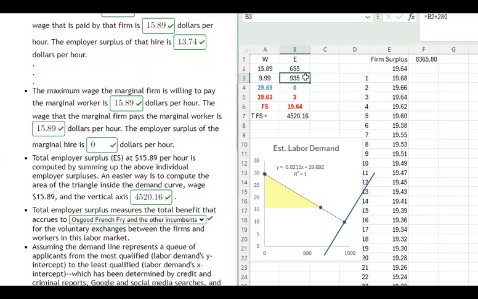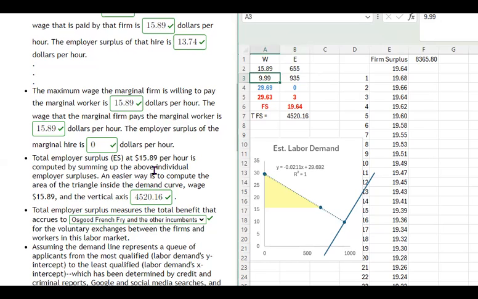And that 935th person's surplus to the firm is zero because they're judged to be the 935th most productive employee, based on a bunch of different factors, including information in a resume and recommendations or lack of recommendations, training and whatnot. Well, the firm's only willing to roll the die and hire that person because they value that person's productivity at $9.99, which is the market wage.